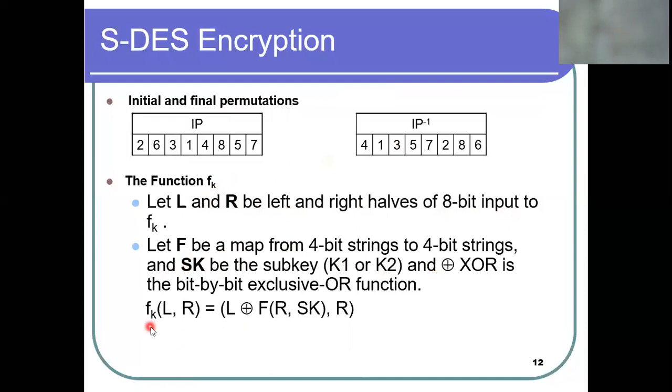When FK is applied on the left and right halves, then the left half is XORed with F of R comma SK, comma R. So in that case, we will get an ordered pair of left and right, and we will generate another ordered pair, say this one, L.